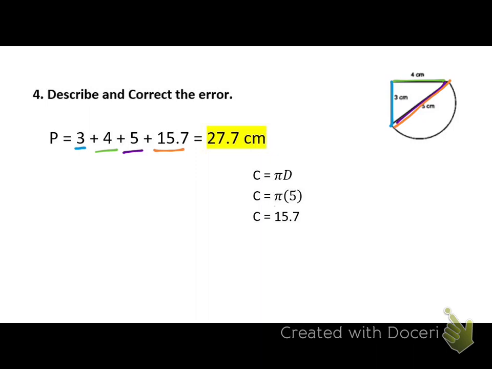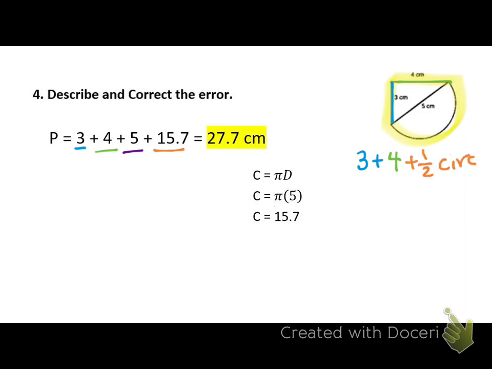So we're going to figure out what went wrong. My recommendation always is to do these yourself, and then we'll describe the error after that. So remember that perimeter is around the whole shape, so I can already kind of see where one problem was, but we're going to take 3 plus 4, and then we're going to add in the half circle.